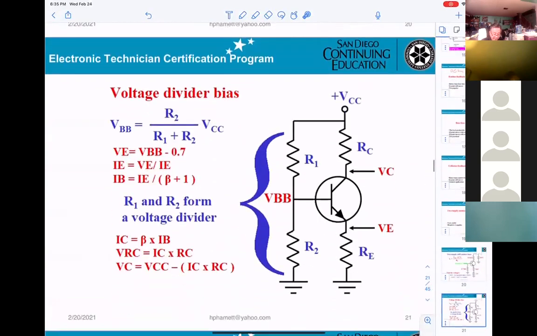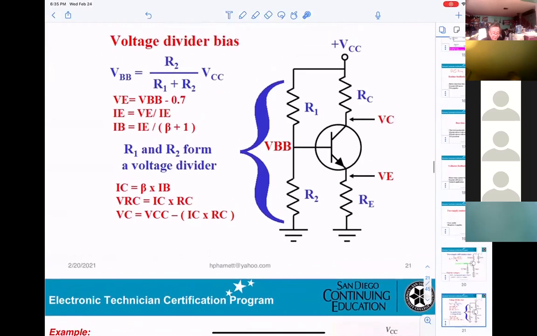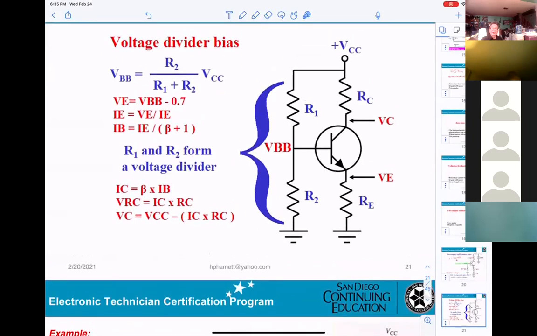Now this one is the one we will emphasize and use all the time. For this one, they add R1, R2, and they use only one power supply. If you want the voltage at the base here, you use the voltage divider. You take VCC times R2 divided by R1 plus R2. That's what I gave you right here.